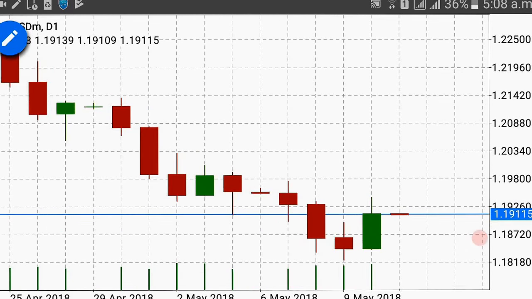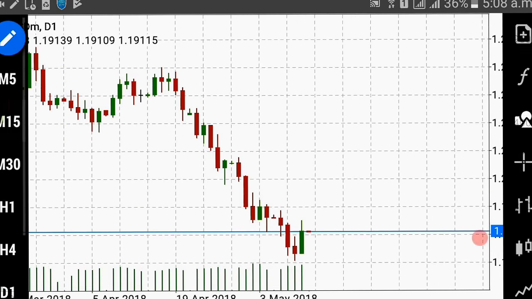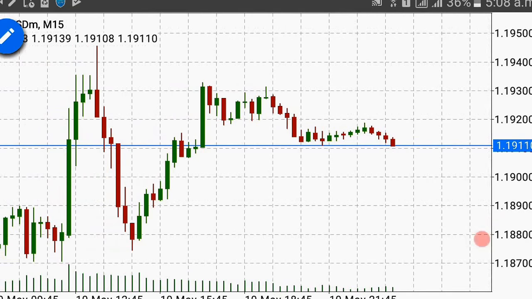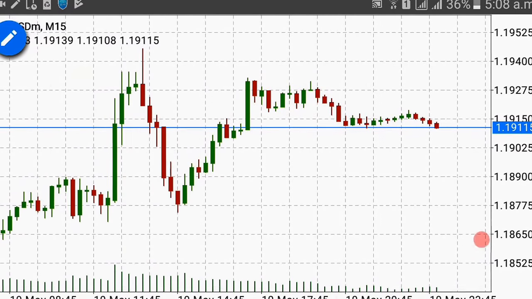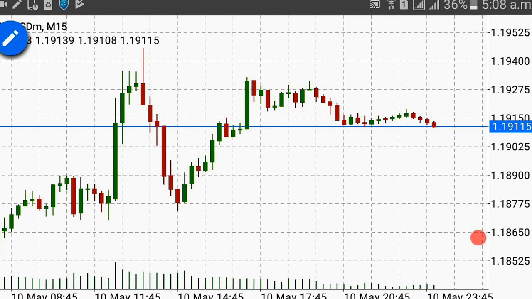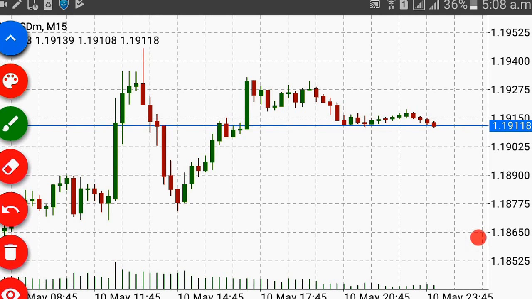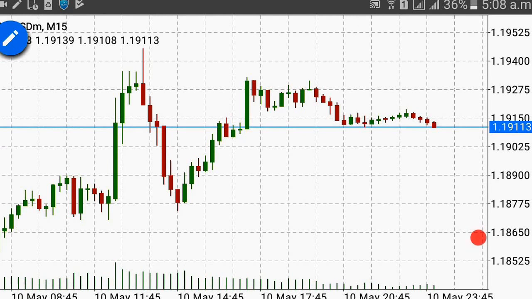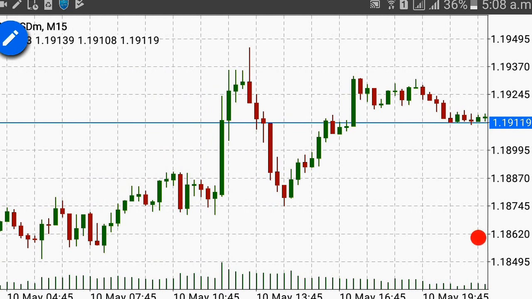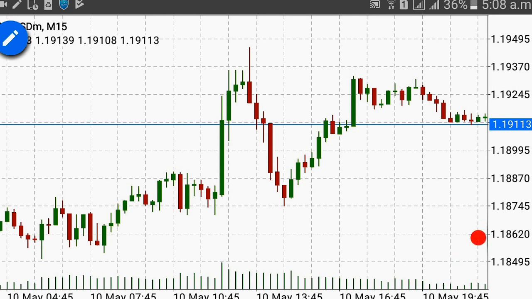So let's go back to the angle theory. What angle theory is, it is very similar to the color theory, very similar to trend lines, but it is a little bit different from the traditional trend lines that you draw from wicks or different bases or different wave lows or highs.